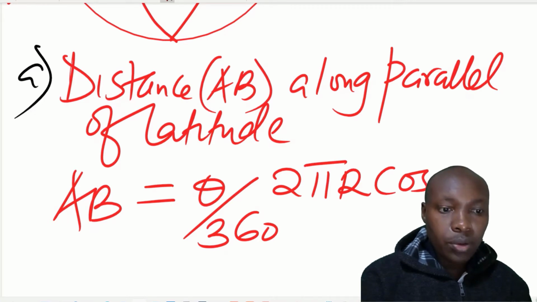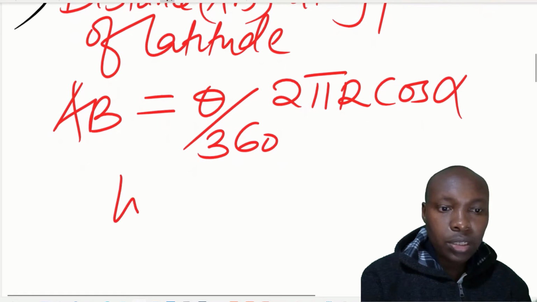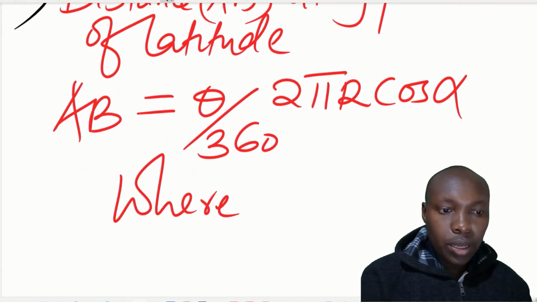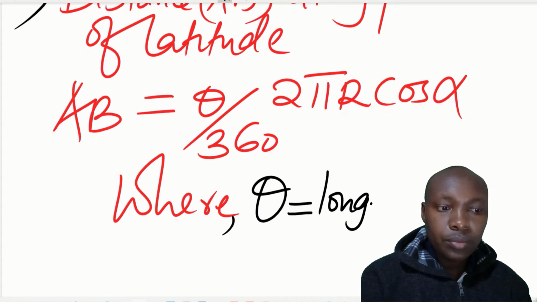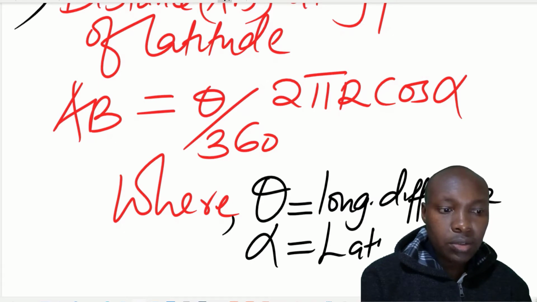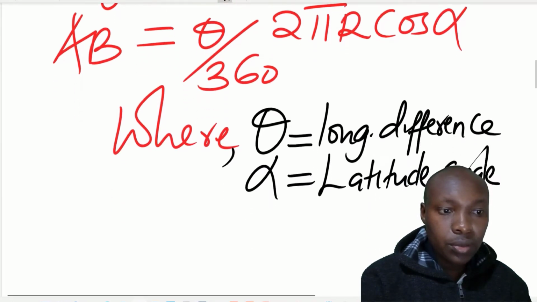Now let us identify what is theta and what is alpha. Theta represents the longitude difference between the two points, and alpha is the latitude angle, which in our question is 40. They lie on the same latitude.